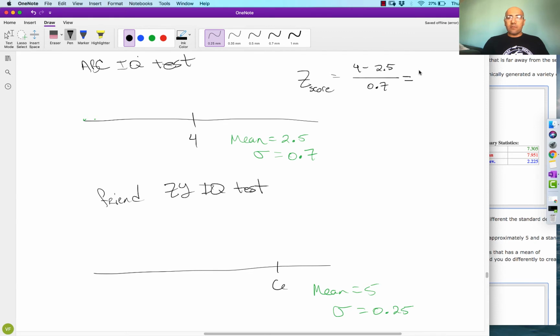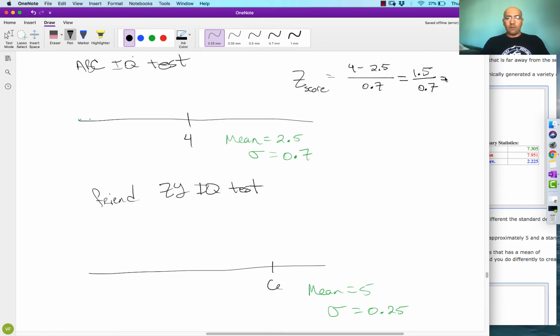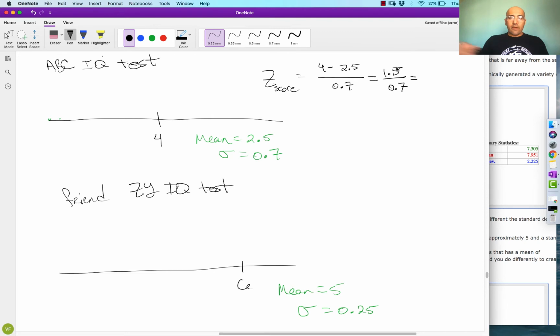That means this is going to be equal to 1.5 divided by 0.7.